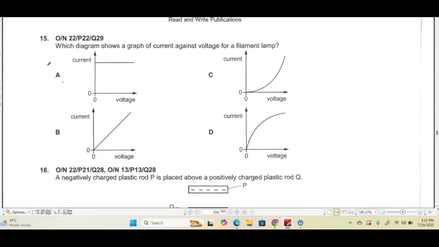Question number 15. Which diagram shows a graph of current against voltage for a filament lamp? The graph of current against voltage for a filament lamp is always bent towards the voltage axis. Okay? Because the gradient shows resistance, and as the resistance increases, it becomes difficult for the current to increase.